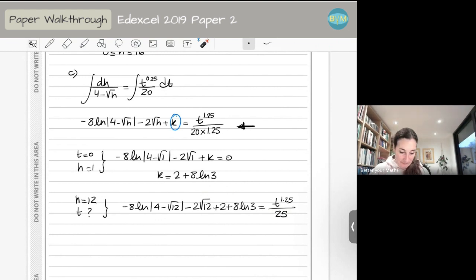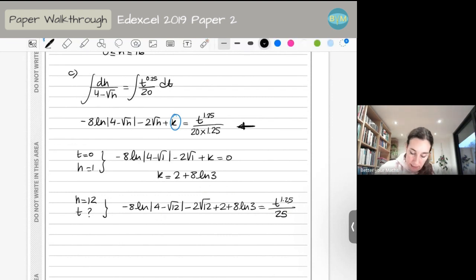ln. I hope you are doing it with me, and if you see something wrong, you tell me, a sign or something, because it's very easy to make mistakes in these questions. It's a whole paper.